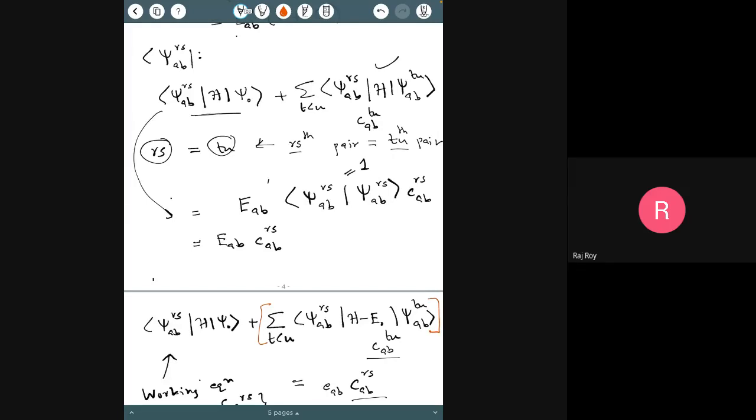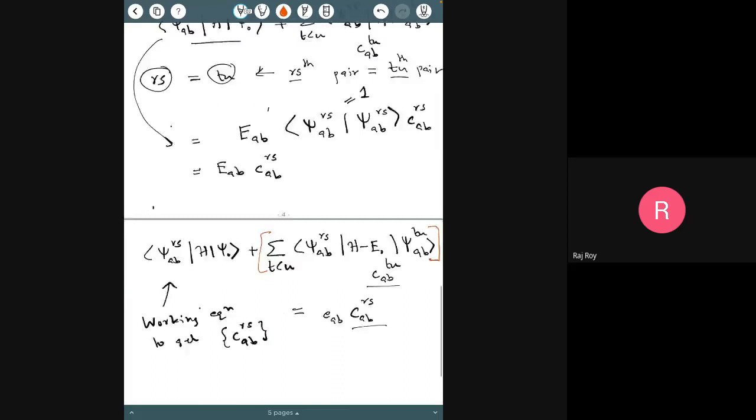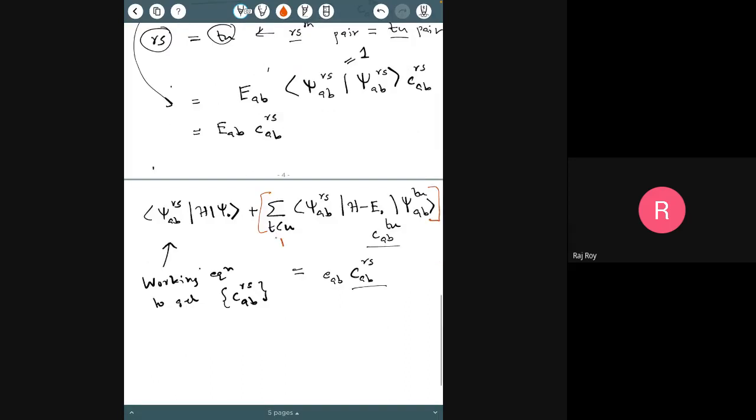If I call this a matrix D, then this is the RS, comma, TU element of matrix D. Note that here AB is a fixed quantity. So this is an equation for a given AB. All the CD and DE, whatever other pairs, they will be solved independent of the pair AB.